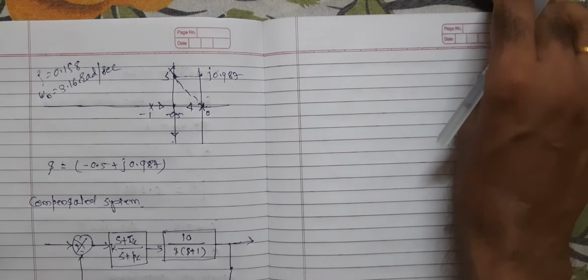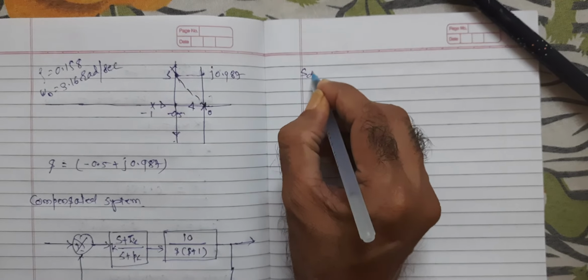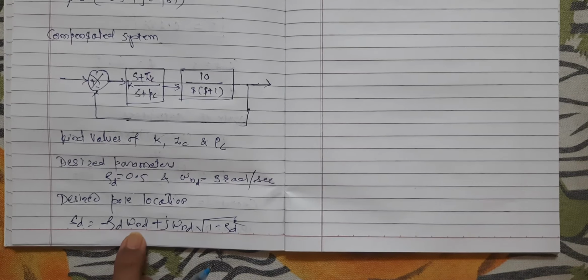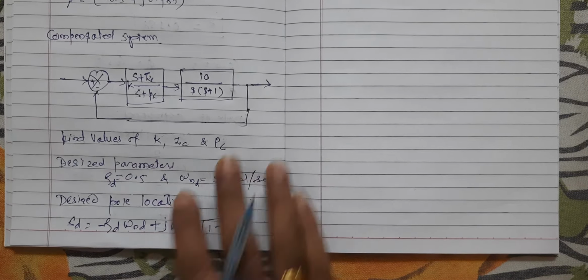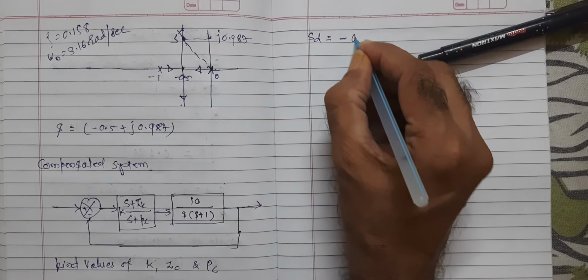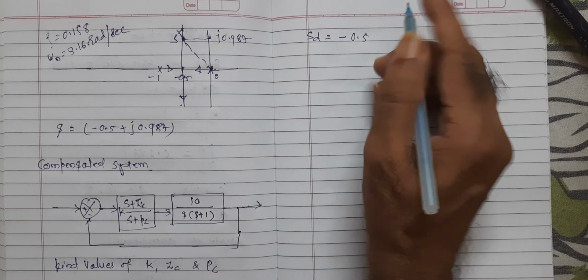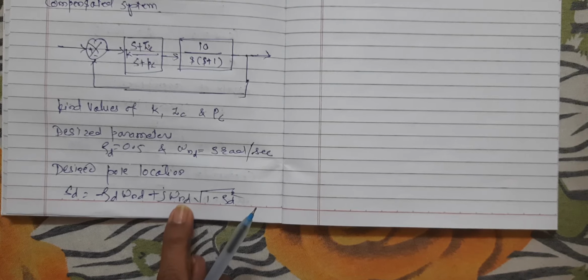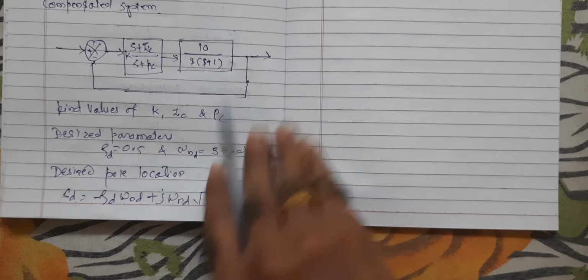So SD, the desired location of the poles, becomes minus zeta d omega nd. Zeta is 0.5 and omega n is 3. So this is 0.5 multiplied by 3 plus j, omega n under root of 1 minus zeta d square.